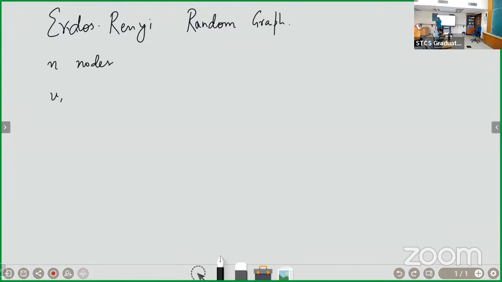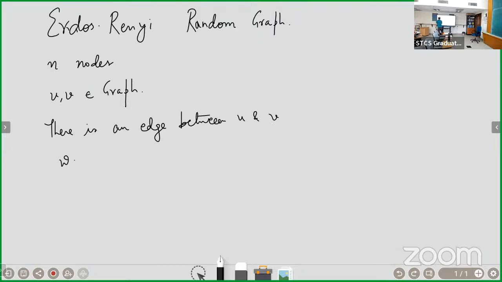Say any relevant to the graph. There is an edge between U and V, yes, with probability P independently of everything else.